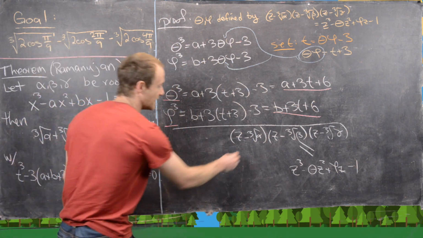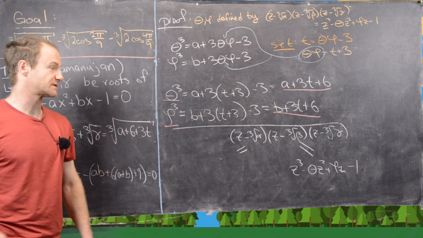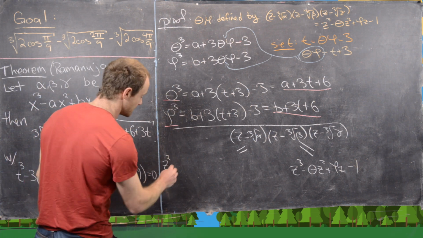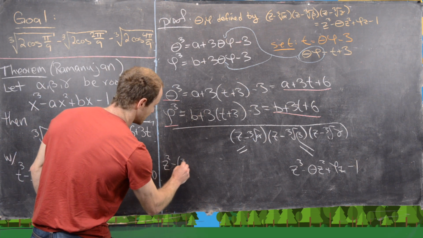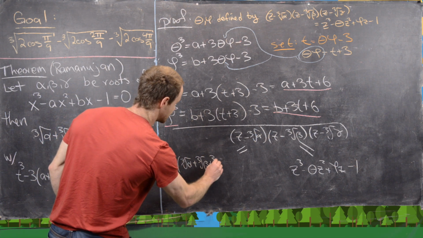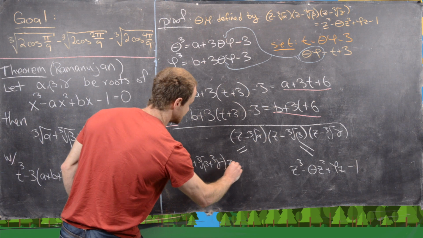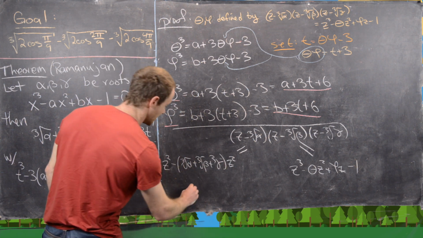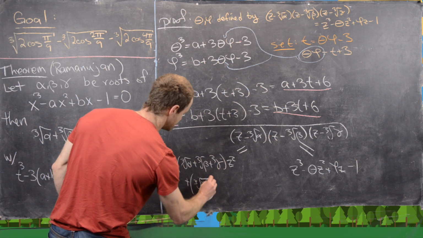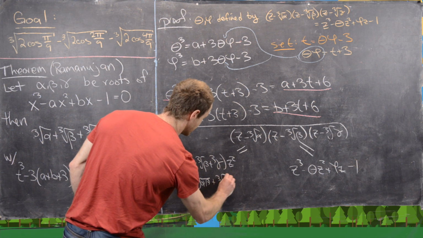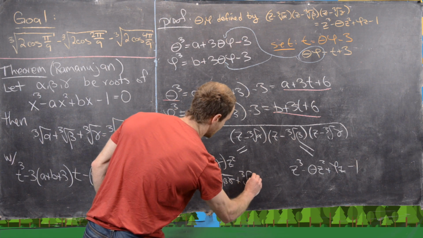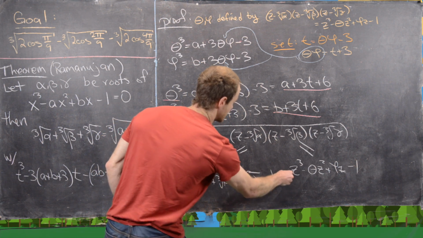Great. And then by just multiplying that out really carefully, notice we're going to get z cubed, and then minus the cube root of alpha plus the cube root of beta plus the cube root of gamma times z squared, and then plus the cube root of alpha beta plus the cube root of beta gamma plus the cube root of alpha gamma times z, minus 1.